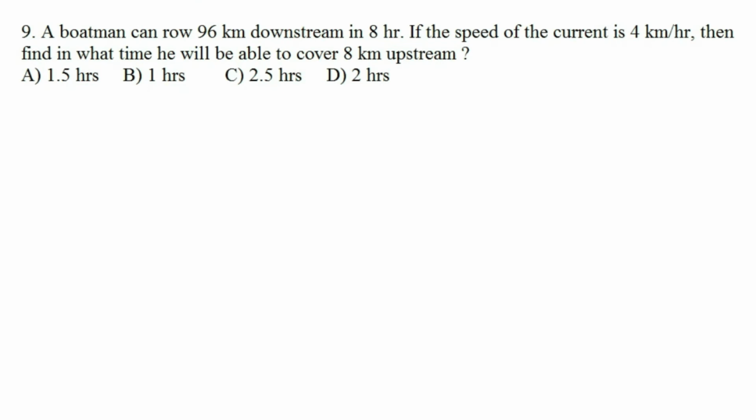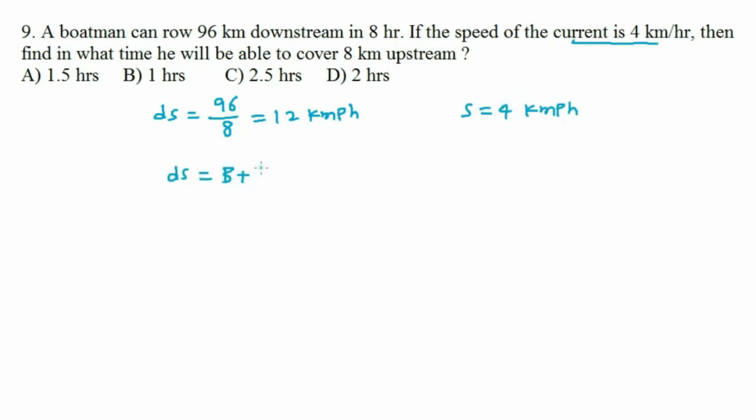A boatman can row 96 km downstream in 8 hours. If the speed of the current is 4 km per hour, then find in what time he will be able to cover 8 km upstream. Downstream speed equal to downstream distance by time, 96 by 8 hours, equal to 12 km per hour. Speed of the current equal to 4 km per hour. Downstream speed also write speed of boat in still water plus speed of the current equal to 12.